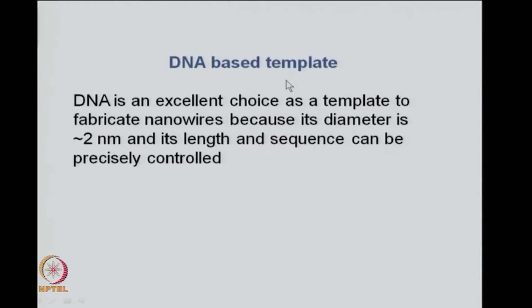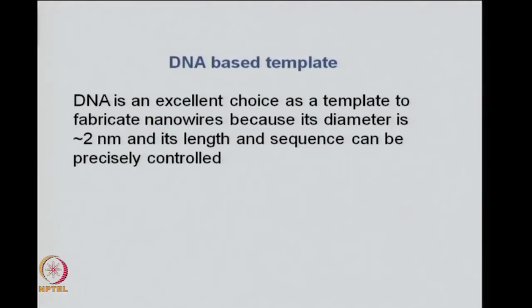DNA, as all of you must know, is deoxyribose nucleic acid. It is a kind of nucleic acid. It is also called the molecule of life. It is present in all kinds of living organisms, and it has a double helix structure.